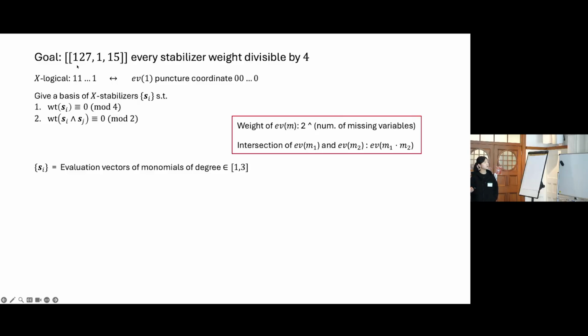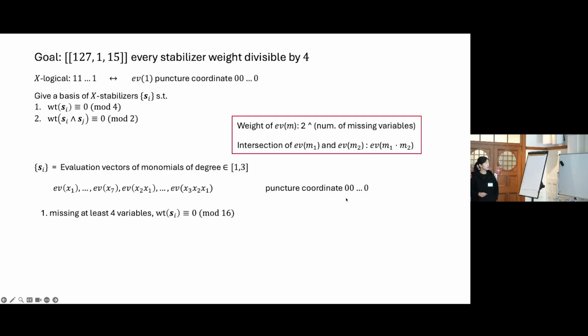For this punctured code, we will puncture this coordinate by deleting this all-0 coordinate. To be more explicit, here is the evaluation of those monomials up to degree 3. If we puncture coordinate 0, it doesn't affect them because they all evaluate to 0 at this coordinate.